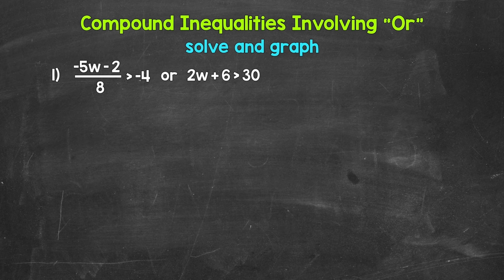Let's jump into number 1, where we have -5w minus 2 over 8 is greater than -4, or 2w plus 6 is greater than 30. Now, when we solve a compound inequality involving or, all we need to do is solve each inequality separately.